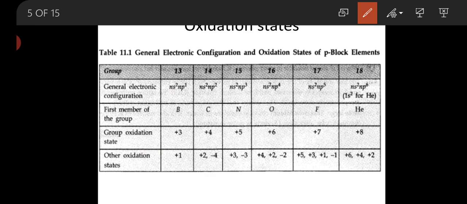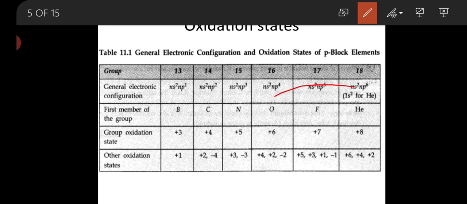Remember this oxidation number, because depending upon the oxidation numbers only, we can explain the chemical properties of different reactions, because in inorganic chemistry most of the reactions are explained on the basis of electronic configurations only.